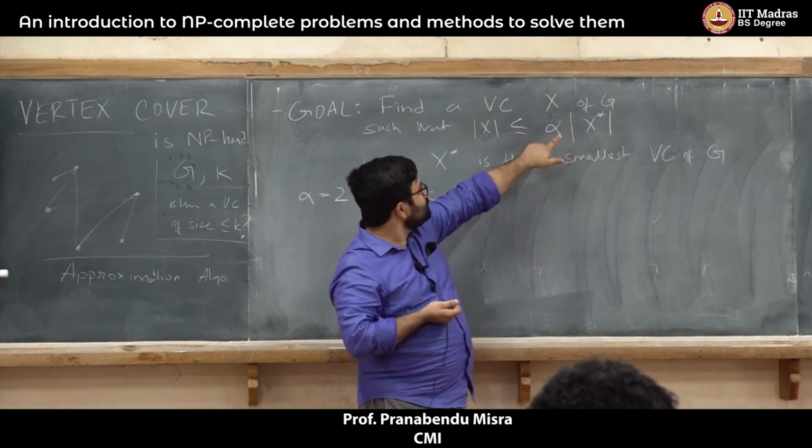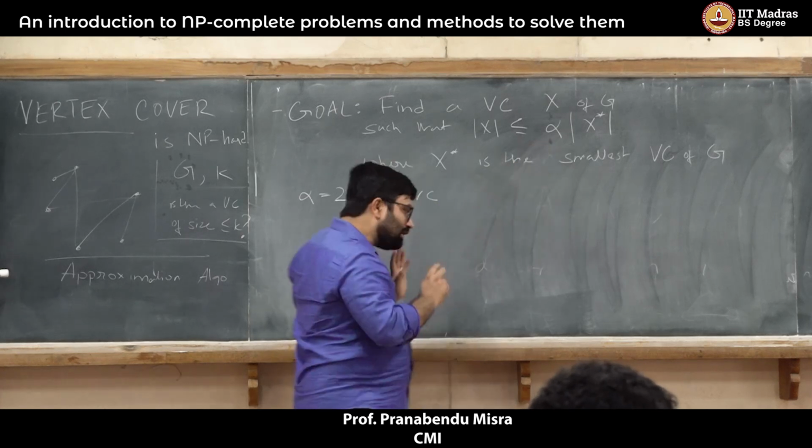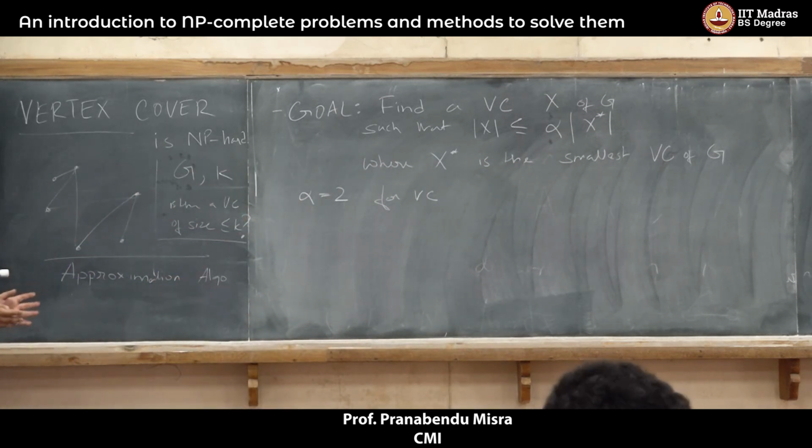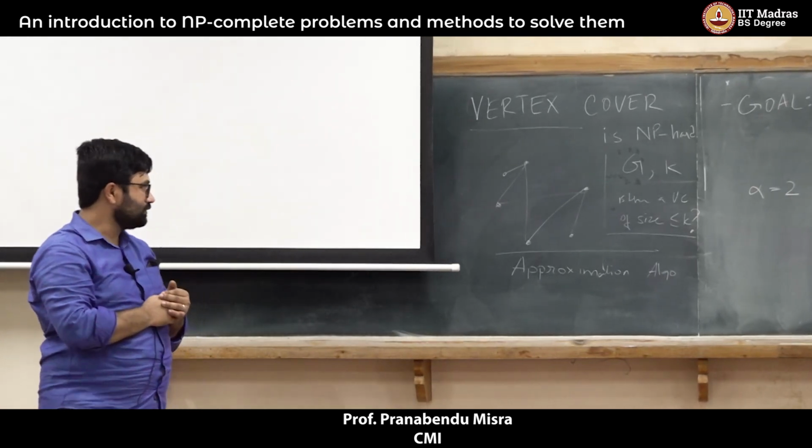The degree of approximation is controlled by alpha. As long as I can find a solution between the optimum and alpha times the optimum, I'm happy. And this question can be solved quite easily for vertex cover.